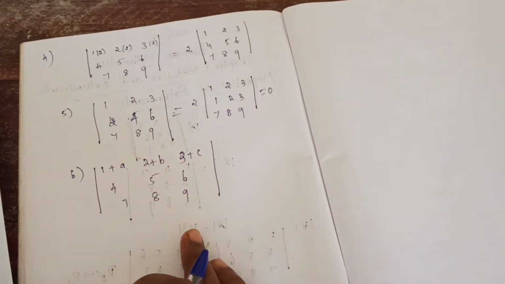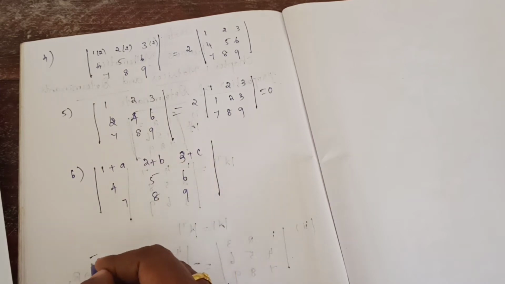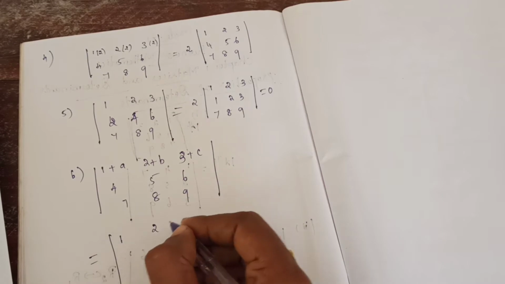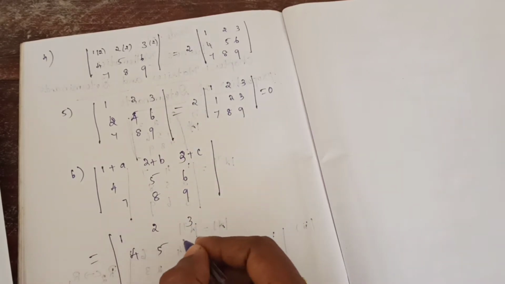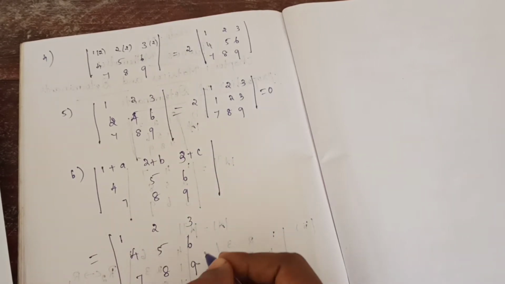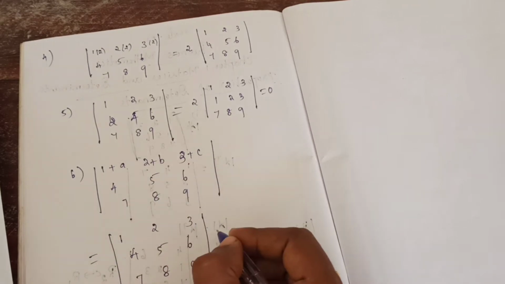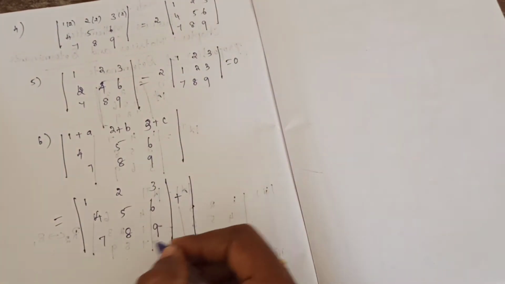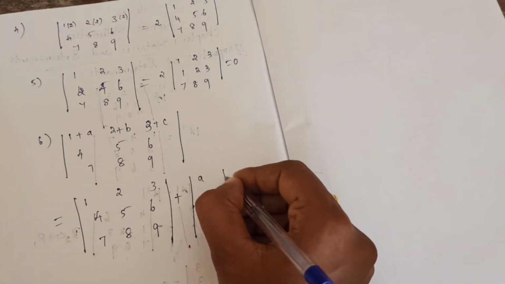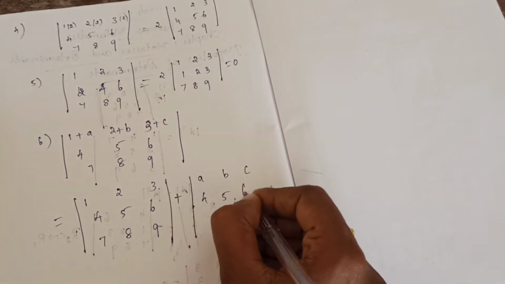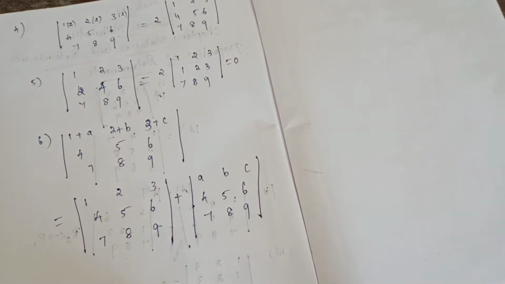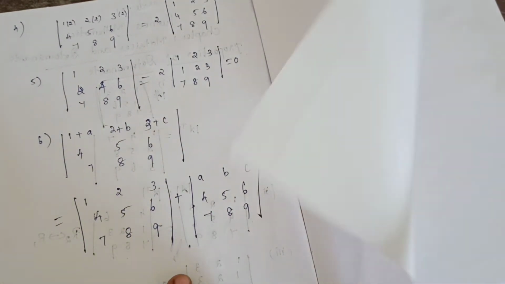Now the given determinant we can split as 2 determinants. The first terms separately: 1, 2, 3, 4, 5, 6, 7, 8, 9, plus the next one after the plus symbol: A, B, C, 4, 5, 6, 7, 8, 9. You can split it into 2 determinants. This is the sixth property.